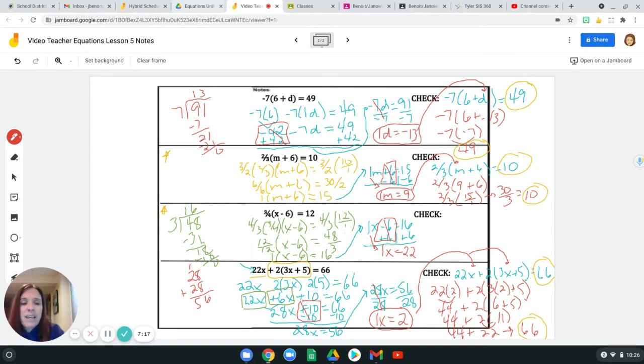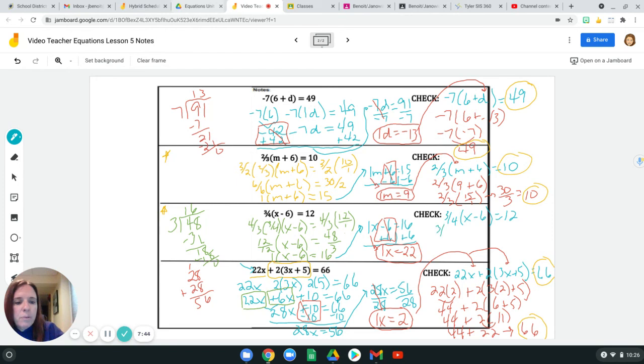So I think if I put 22 in for x, I can get the left side to equal 12. Let's see if that's true. I have 3/4. Oop, my color didn't change. Hold on. I have 3/4 times x minus 6, and that should equal 12.